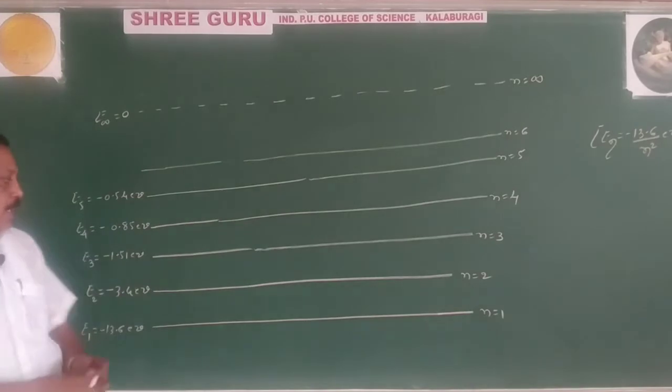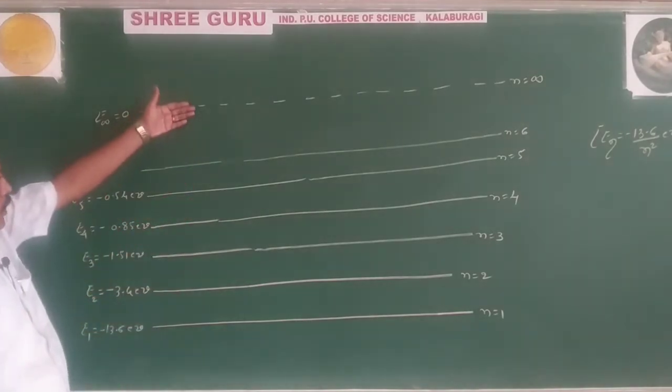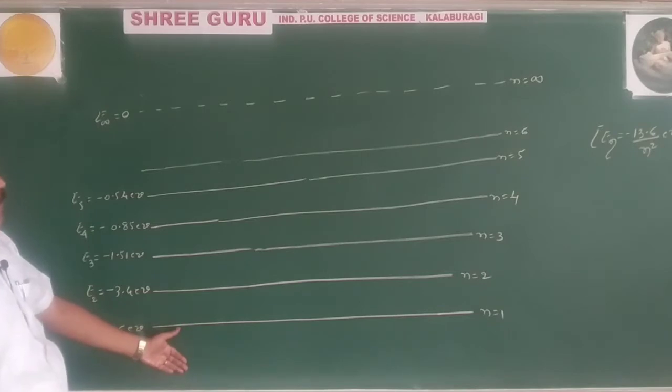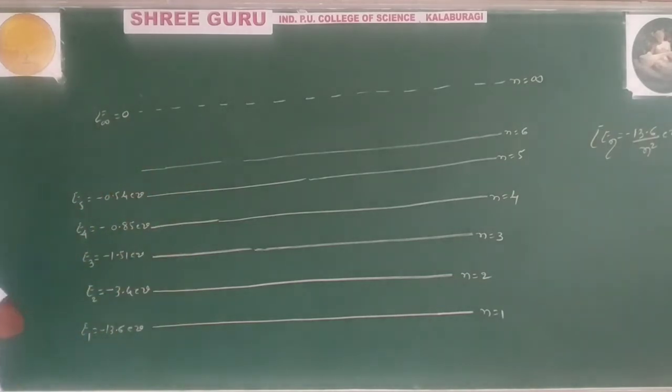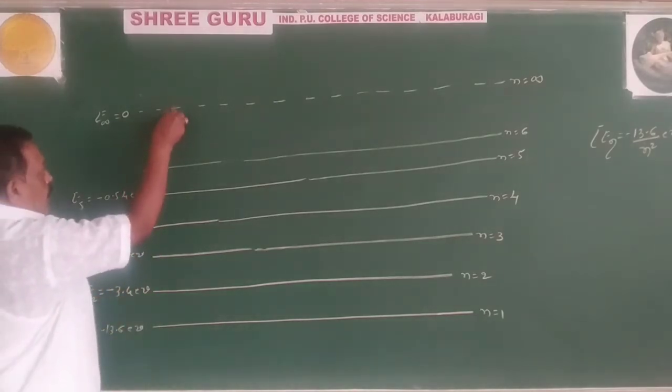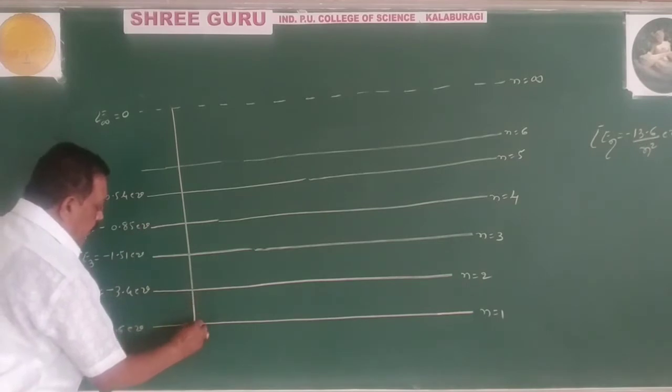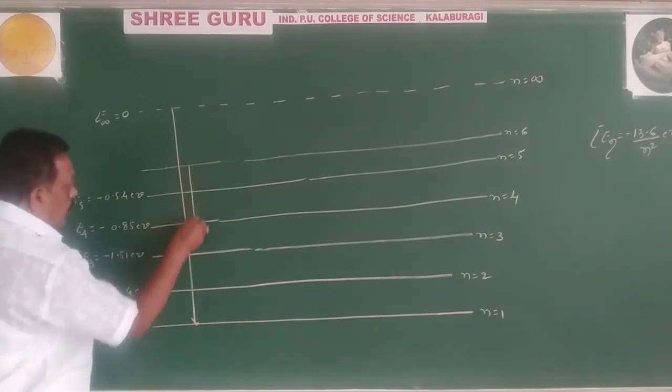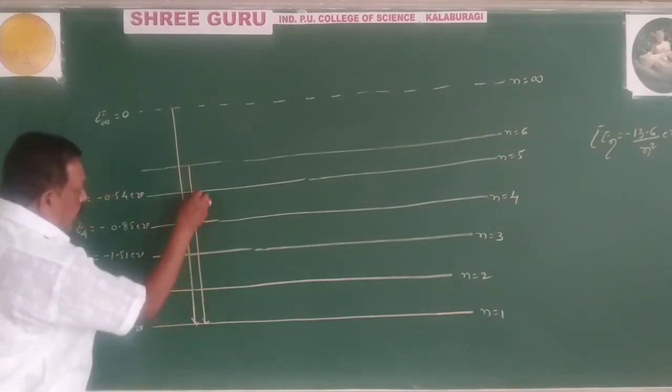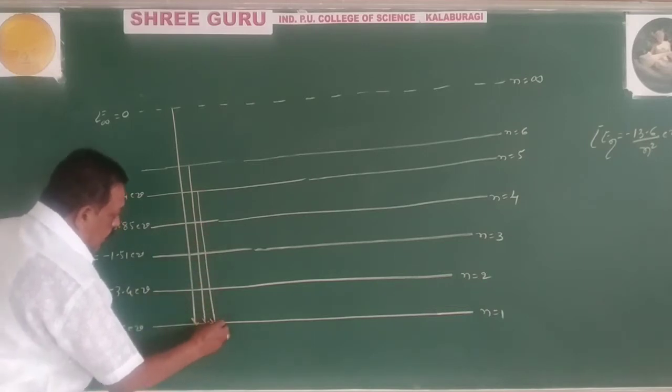So the horizontal line represents the total energy of the stationary orbits in an atom, and the electron jumping from higher orbit to lower orbit is represented by vertical lines.